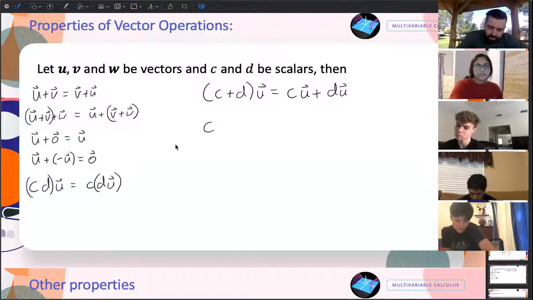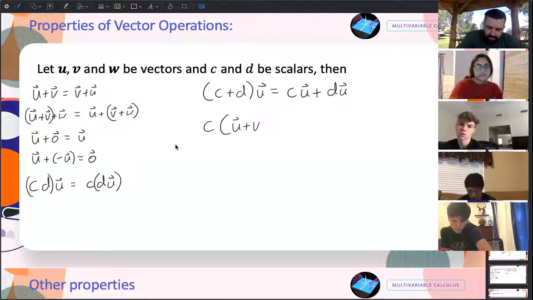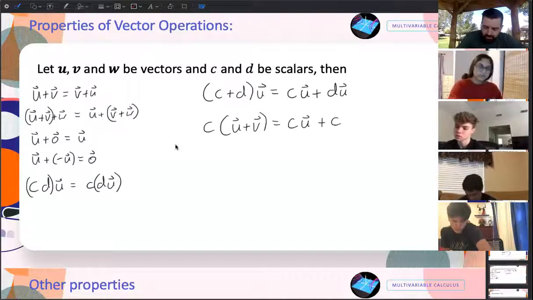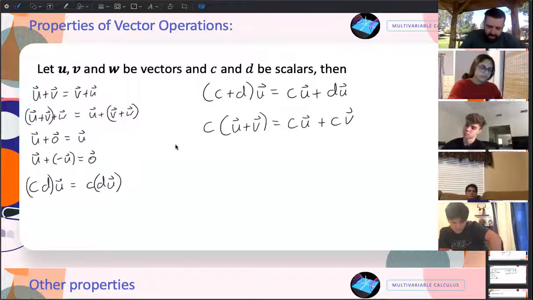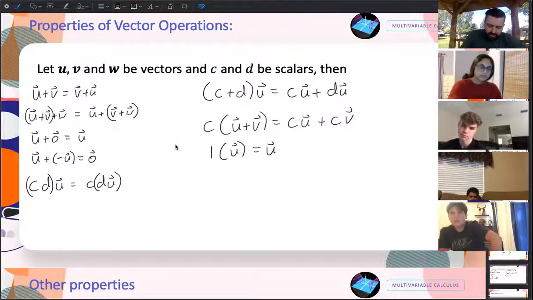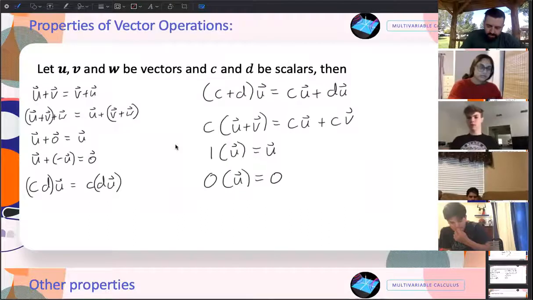If I take c times the sum of two vectors, u plus v, the distributive property works here too: c times u plus c times v. And then just like arithmetic, if I take the scalar 1 times the vector u, I get the vector u. And if I take the scalar 0 times the vector u, I get the zero vector.